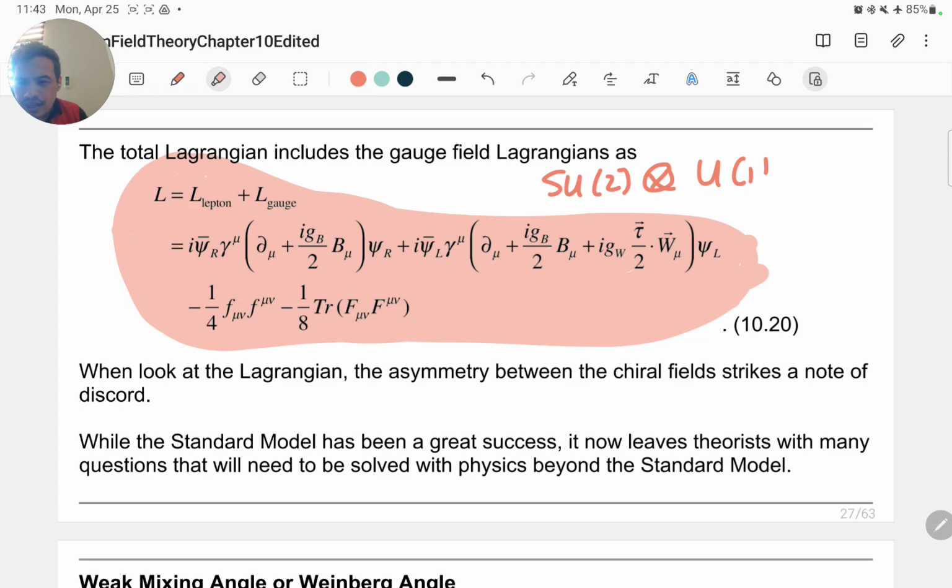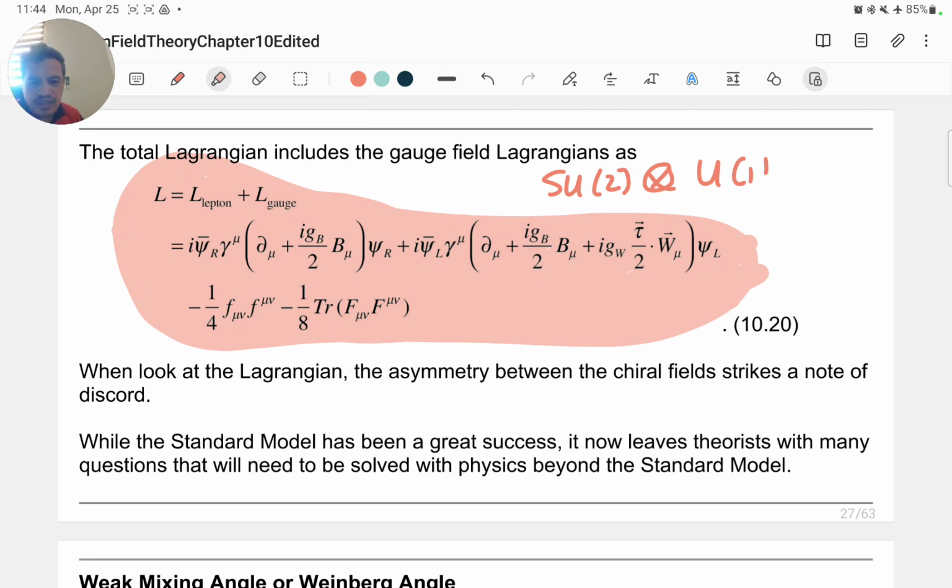So looking at this Lagrangian, there is an asymmetry between the chiral fields, and of course the standard model is experimentally successful. They have a good agreement, but it also leaves a lot of problems, a lot of questions that theoretical physicists need to answer, needs to solve.